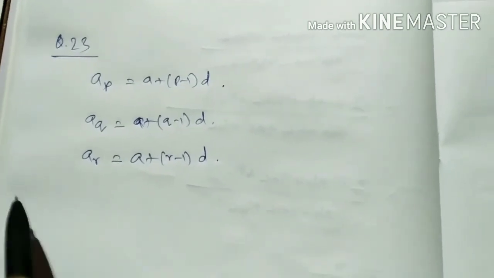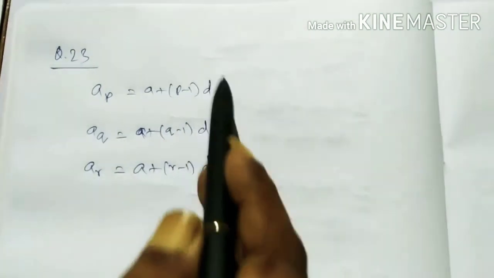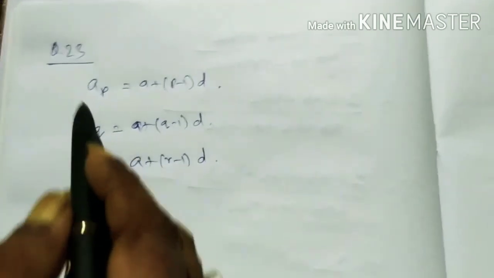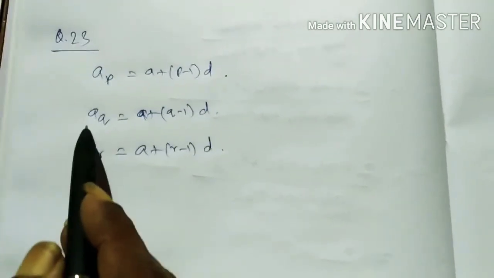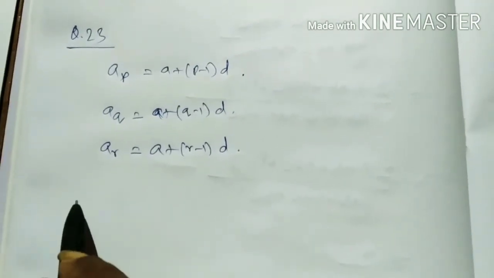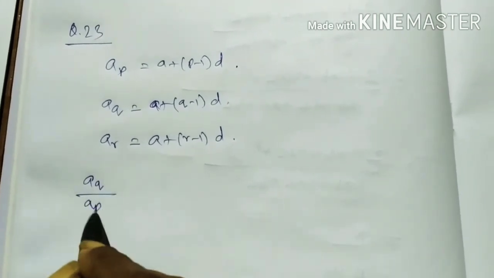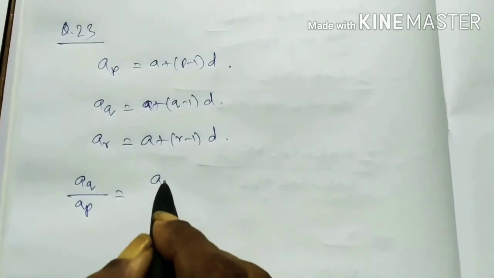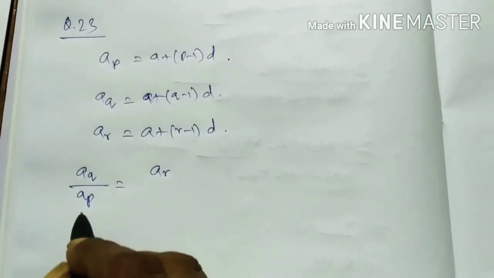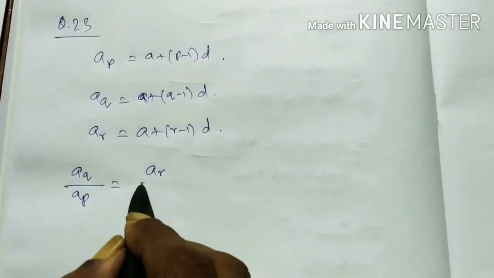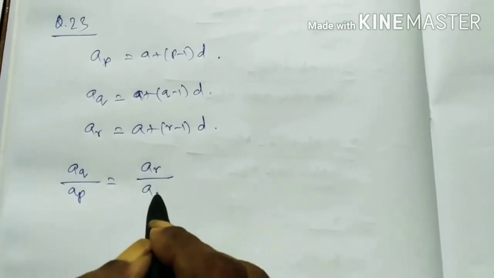Now these are the terms of an AP, but these AP, AQ, and AR are in GP. It is given to us. Therefore, AQ by AP is equal to AR by AQ.